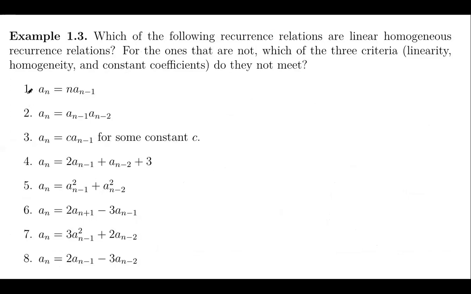So for the first one, is this one linear, homogeneous, and constant? If not, which ones do they mean? And if you want to type your answers in the chat, you can use L for linear, H for homogeneous, and C for constant coefficients.